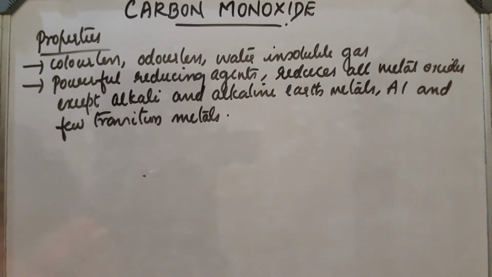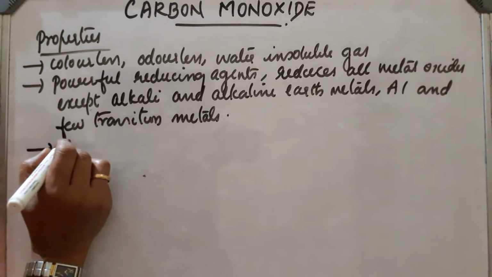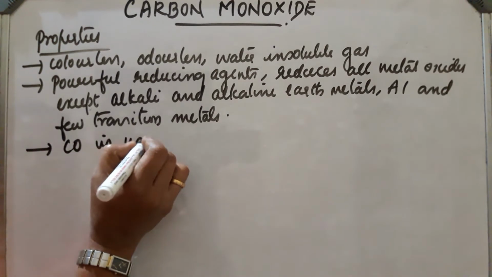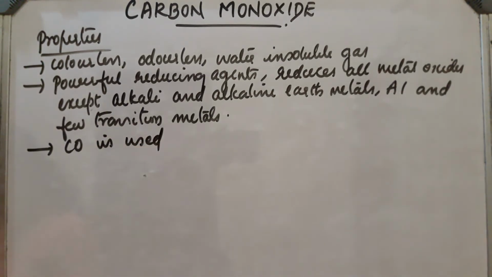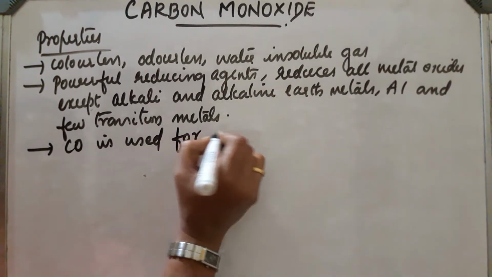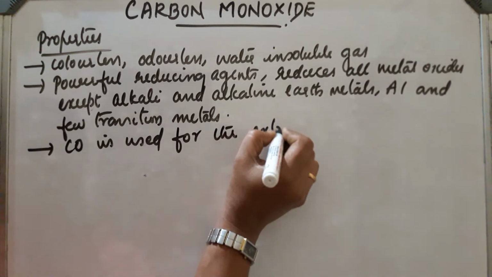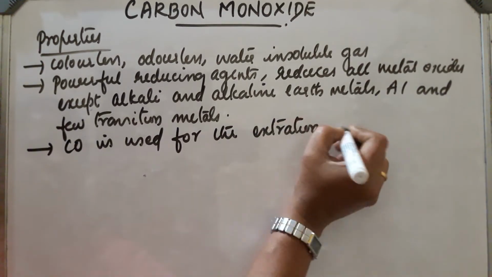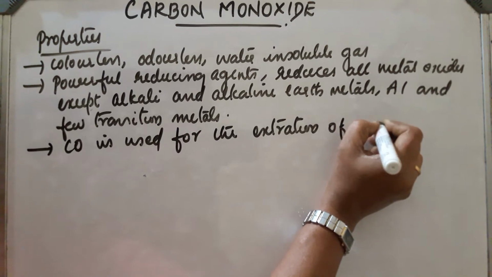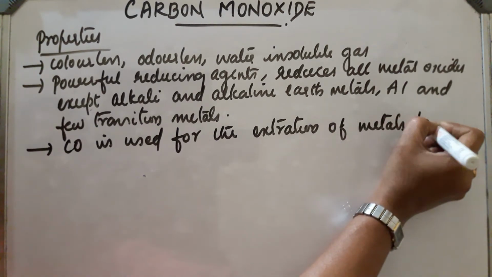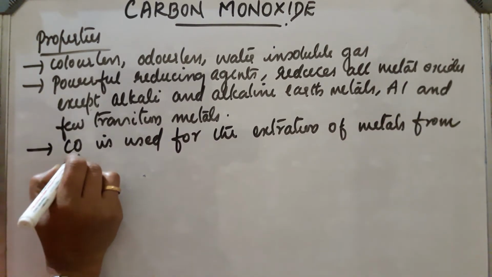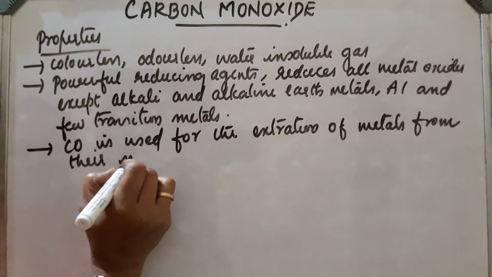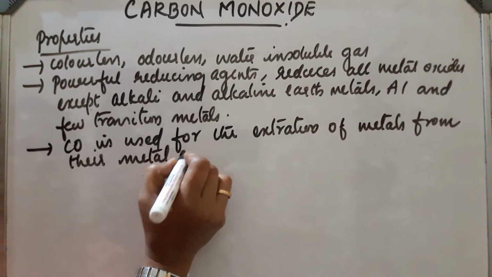Next, carbon monoxide is used in the extraction of metals from their oxide ores. Due to this property, carbon monoxide is used for the extraction of metals from their metal oxide ores.